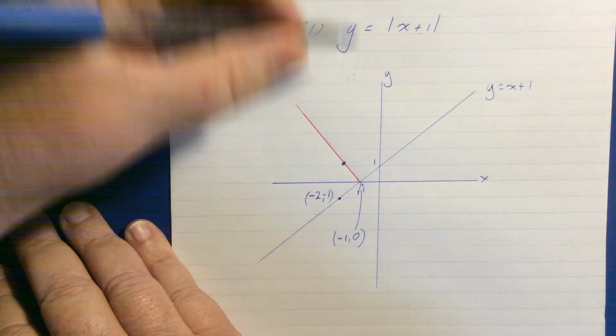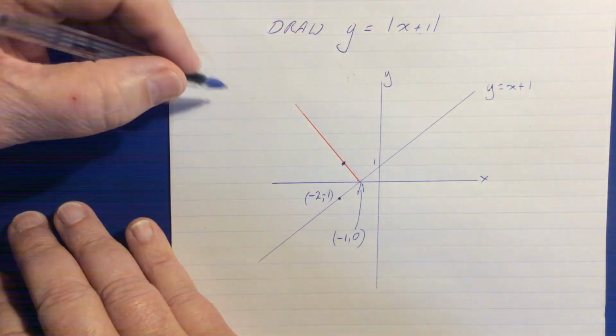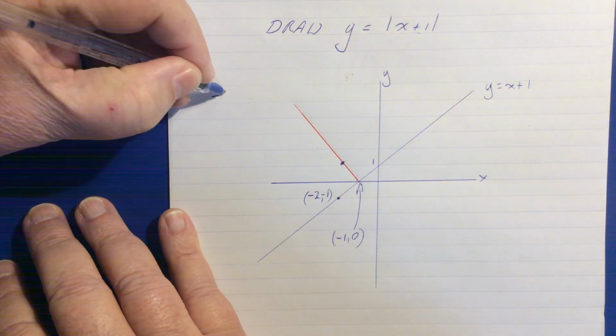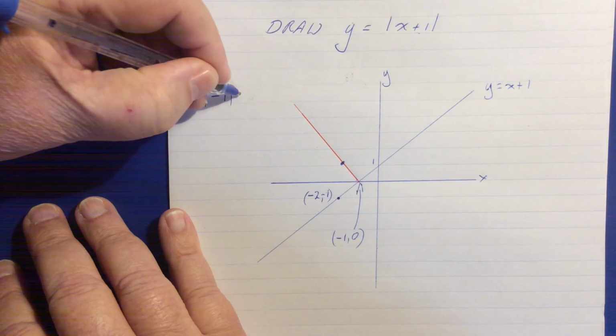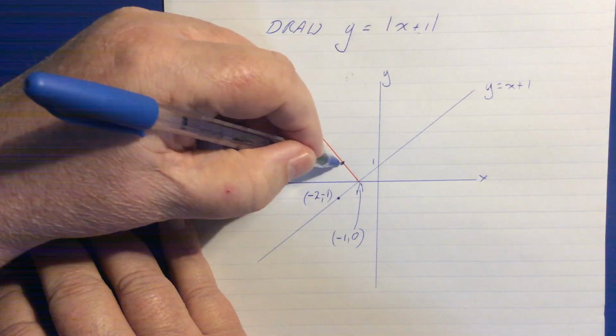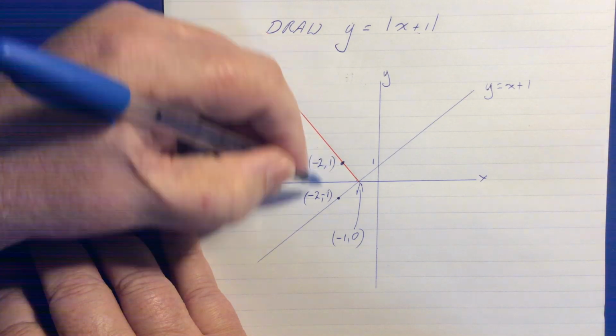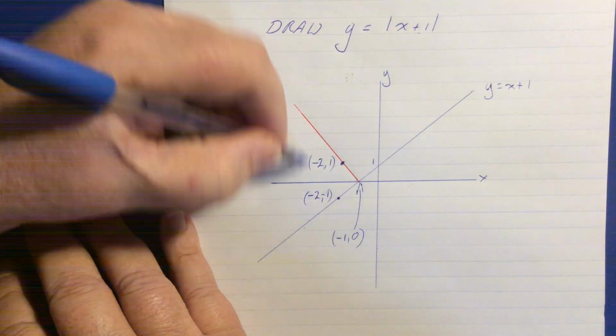But the y value, instead of being negative 1, becomes 1 because the absolute value of negative 1 equals 1. So this point here is negative 2, 1, and so forth and so on.